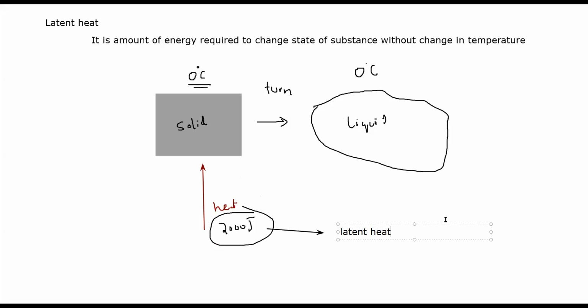So the simple definition of latent heat, it is the amount of energy required to change the state. So how much energy required to change the state? You simply call that latent heat. Is it clear, the concept of latent heat? Simply the energy required to change the state.